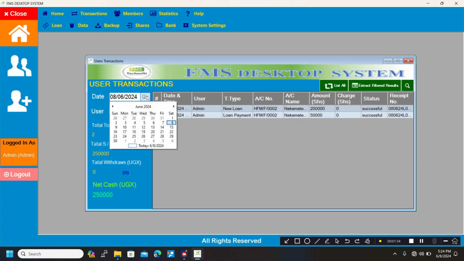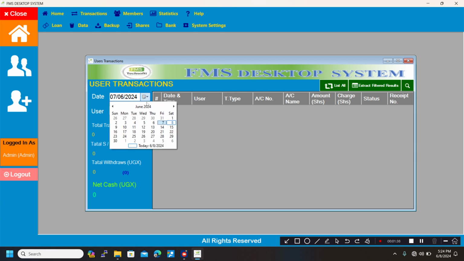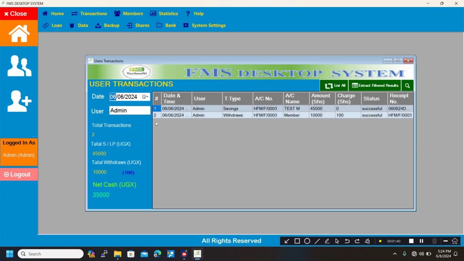So let us look at maybe yesterday. This user yesterday did not transact, and on 6th this person transacted a total of savings or loan payments for 45, and withdrawal was 10,000. Therefore the net cash is 35,000.